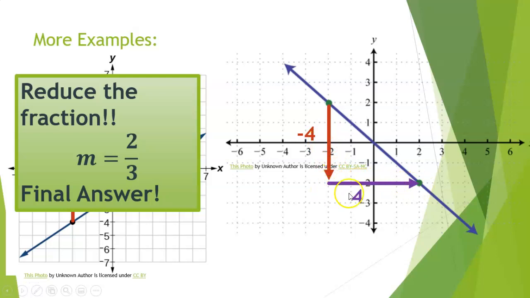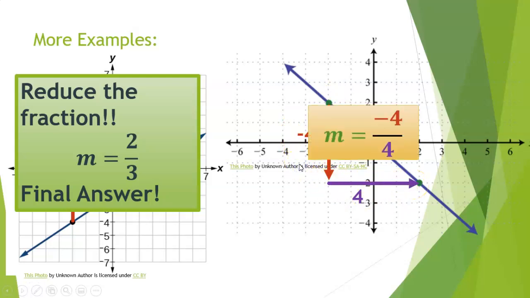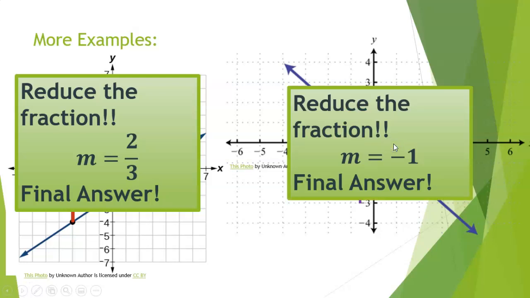That's going to the right, 4 spaces. So my rise was negative 4 because I went down, and my run was 4 because I went to the right. So my slope is negative 4 divided by 4. Because negative 4 divided by 4 reduces, I do reduce the fraction. Negative 4 divided by 4 is negative 1. So my slope in this problem is negative 1, and that is your final answer.